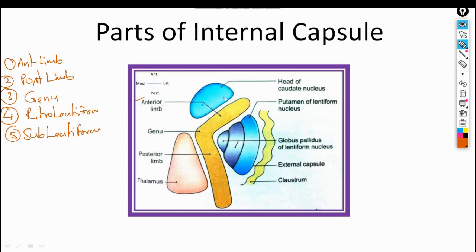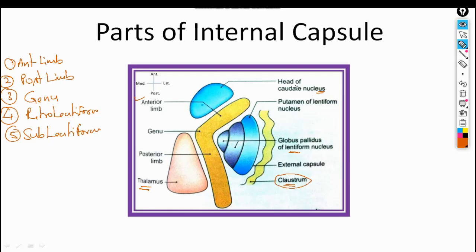Here we can see medially the head of the caudate nucleus, and here we see the thalamus. These two structures are present medially, whereas this is the lentiform nucleus, which is laterally present, and these are the parts of the lentiform nucleus, globus pallidus, and here we see the claustrum.